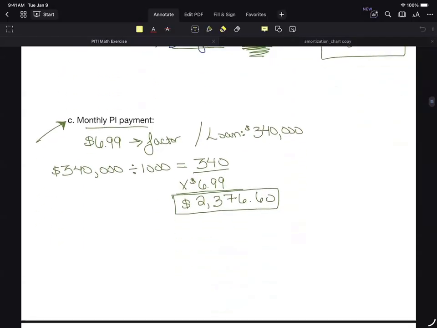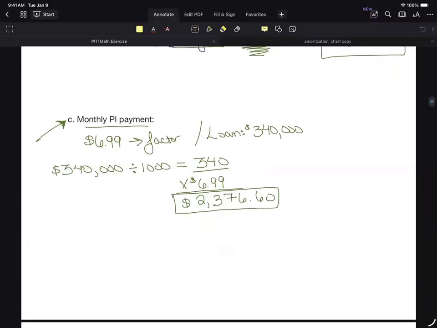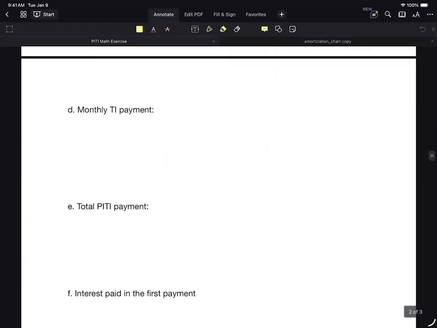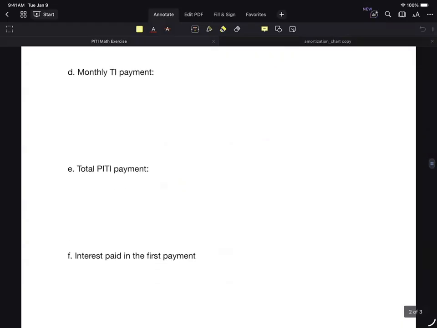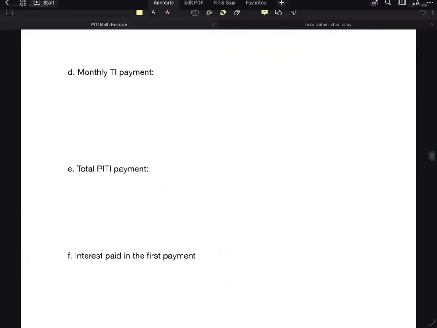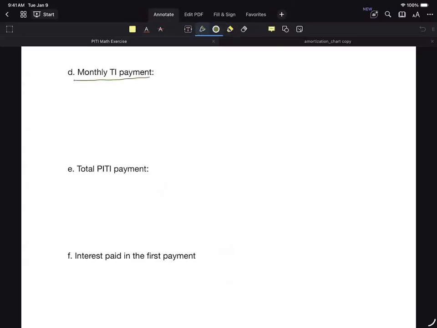Okay, so now we know our monthly P&I payment is 2376.60. That's just your monthly P&I payment, and we're doing something that's asking for PITI. This is a PITI. So our next question is, well, what's our monthly T&I payment?